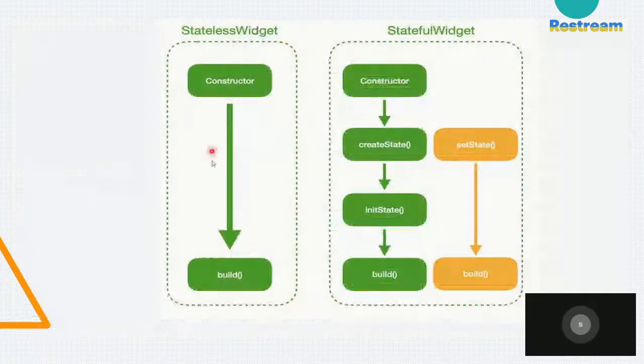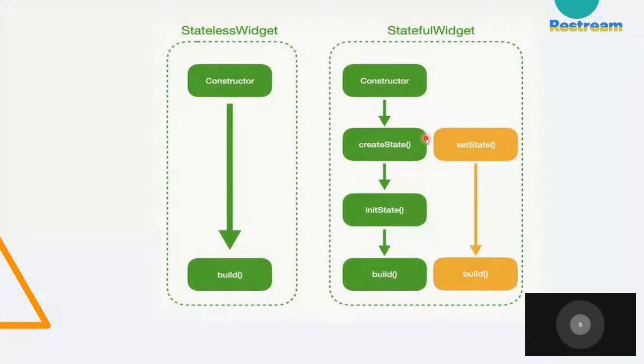In a stateless widget, when a constructor is called, we know the constructor is the same as the class name. When the class object is created, the constructor is invoked, and when the constructor is invoked, the object is built. Whereas in a stateful widget, when the constructor is called, the initial state is created, like the condition of the button: the button is not pressed yet.